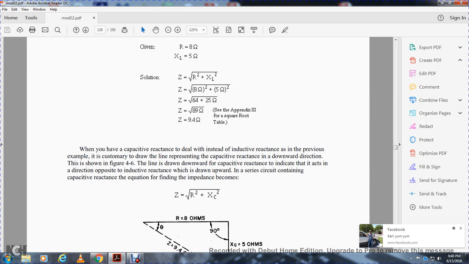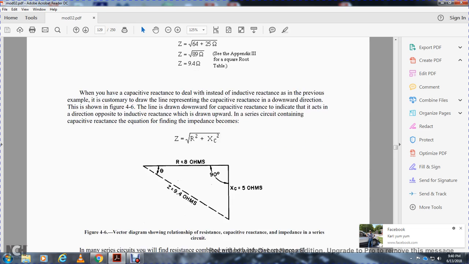When you have capacitive reactance to deal with, instead of the inductive reactance of the previous example, draw the line representing the capacitive reactance in the downward direction, as shown in figure 4. The line is drawn downward to indicate that it acts in the direction opposing the inductive reactance, which was drawn upward. For the series circuit containing capacitive reactance, the impedance is equal to the square root of R, 8 ohms, 64, plus X, 5 ohms.